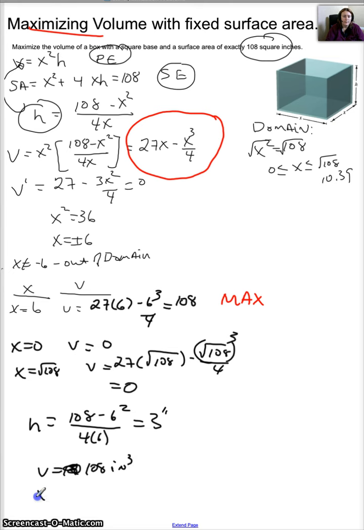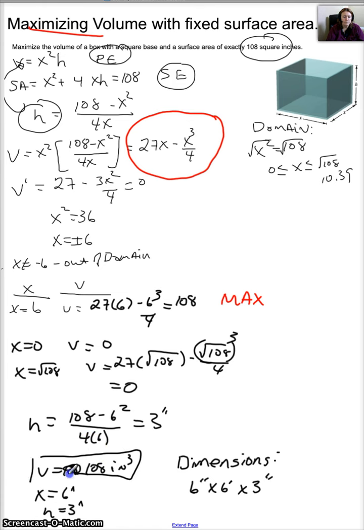X is 6 inches. H is 3 inches. And if I had asked for the dimensions, you'd give it to me like this: the dimensions are 6 by 6 by 3. Now I just wanted to maximize the volume, so that would have been finding this.